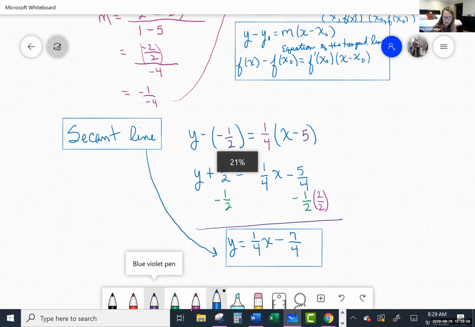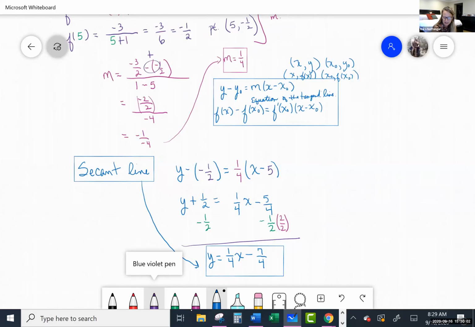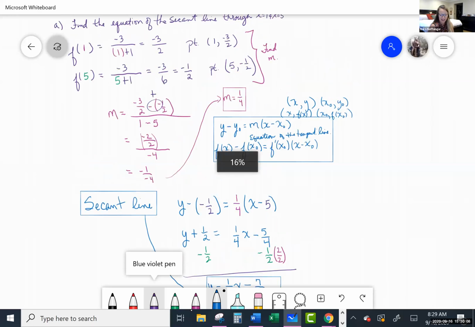Okay, so the next part was to find the equation of the tangent line going through the first point. And so our first point that they asked us, our first x value was 1.